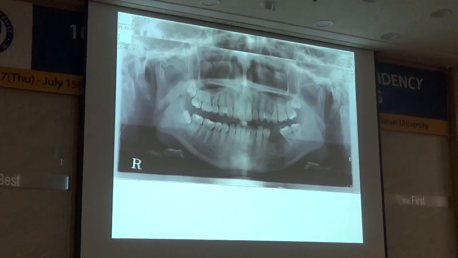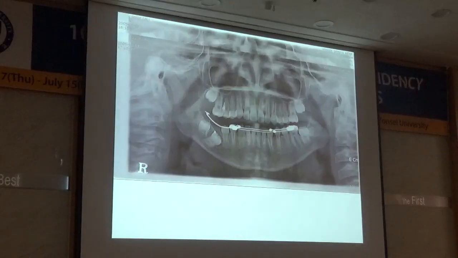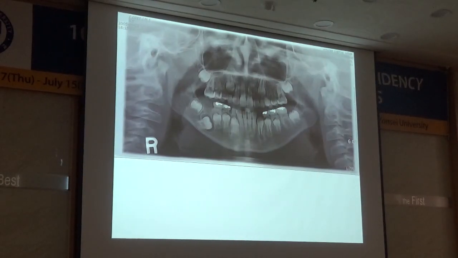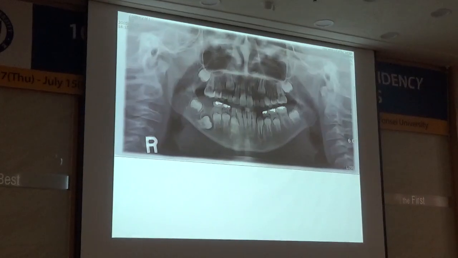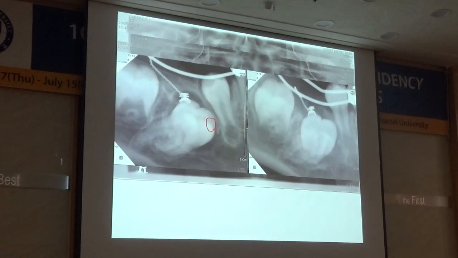Okay, this is another failure case. The patient wanted to pull out this tooth, and we did the surgical opening procedure, and then attached the appliance like this. But the tooth didn't move at all, so we did the secondary procedure. The cause of the failure of traction was here. The age was very young, 9 and 10. There was a high ability to regenerate bone.